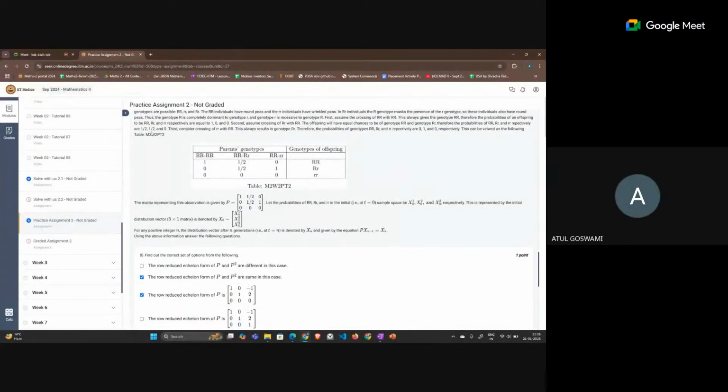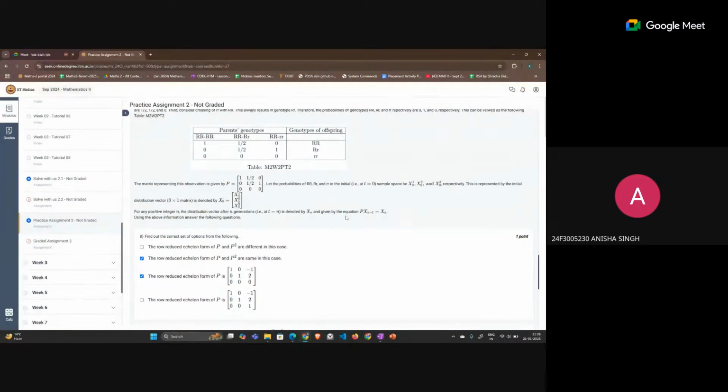We can find B from the formula which is given, P x(n minus 1) is equal to x(n). So the right side is B if we put n values as 0, 1, 2. Yeah, x naught is actually this one. So we can find B. Yes, C is correct.